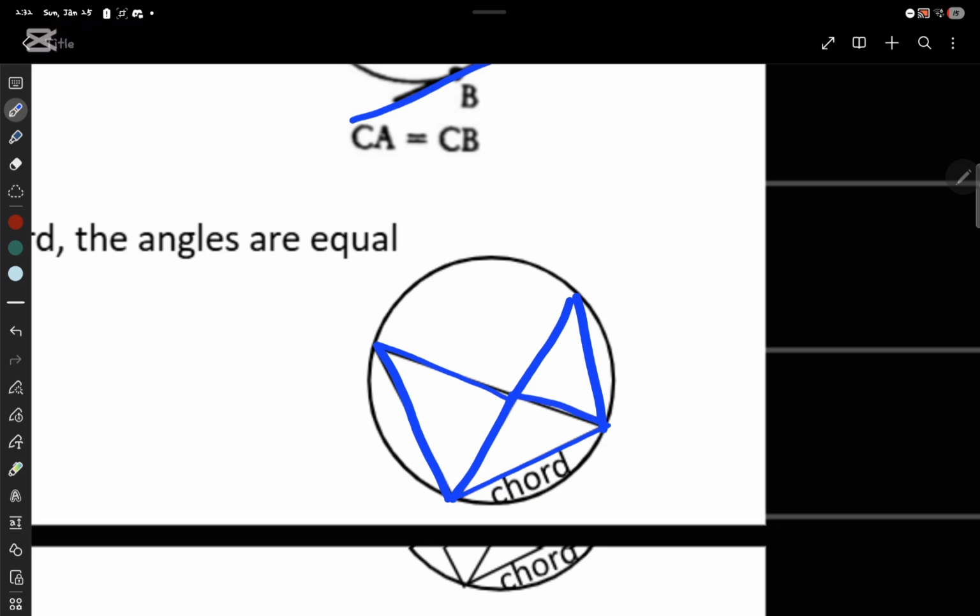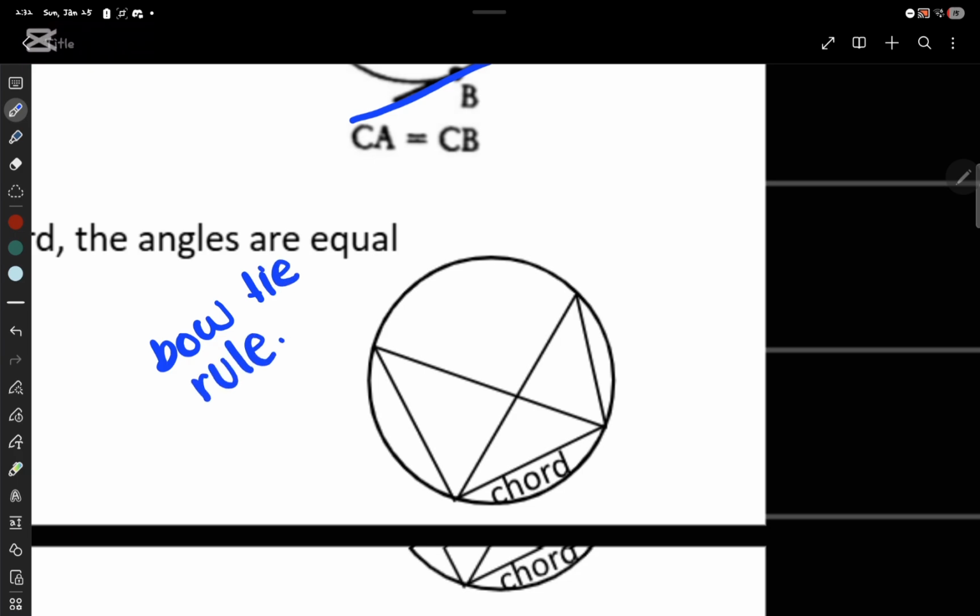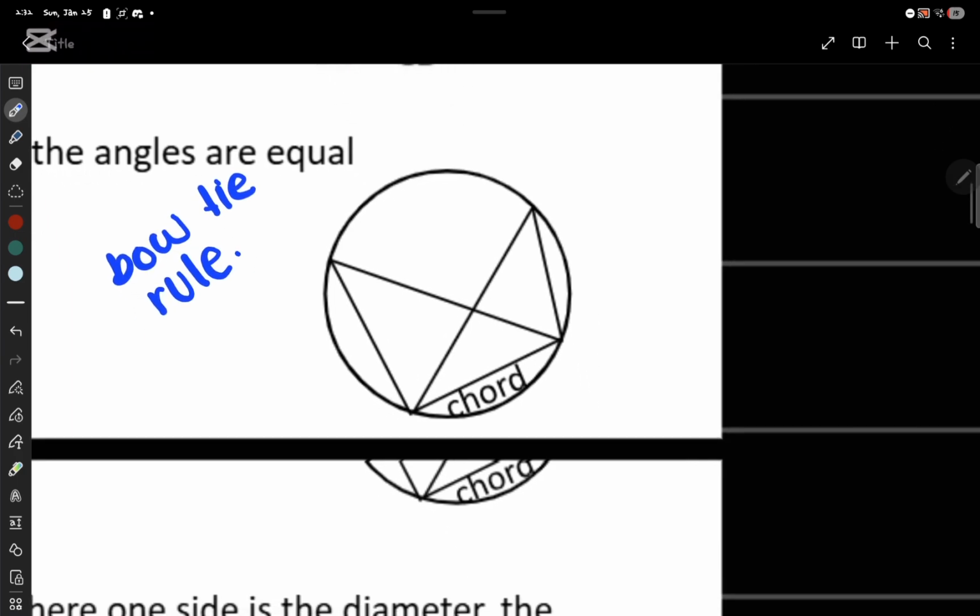I usually call this rule the bow tie rule, because it kind of looks like a bow tie if you think about it here.